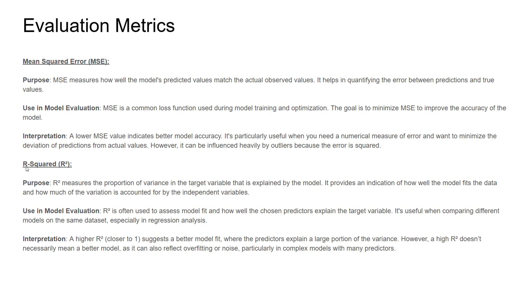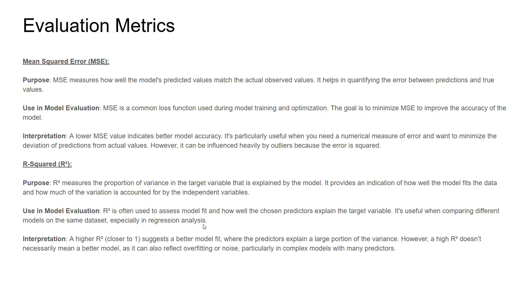The next one is the R-square. The R-square measures the proportion of variance in the target variable that is explained by the model. In model evaluation, R-square is often used to assess model fit and how well the chosen predictors, the independent variables, explain the target variable. It's useful when comparing different models on the same data set, especially in regression analysis.